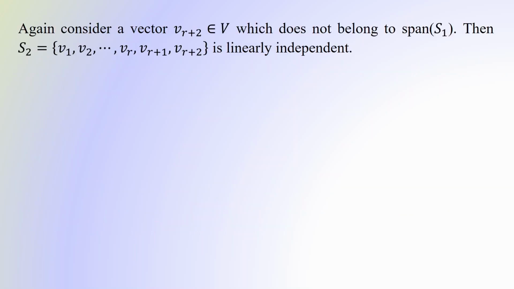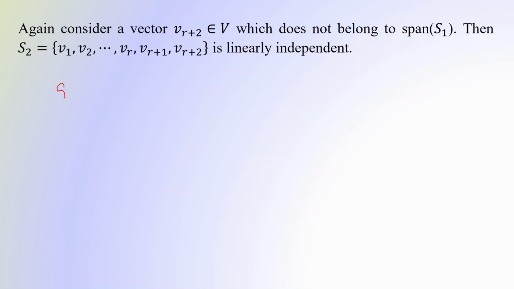Now we consider another vector Vr+2 in the vector space V, which does not belong to the span of S1. From the previous theorem, you can claim that adding this new vector into S1 is also linearly independent.